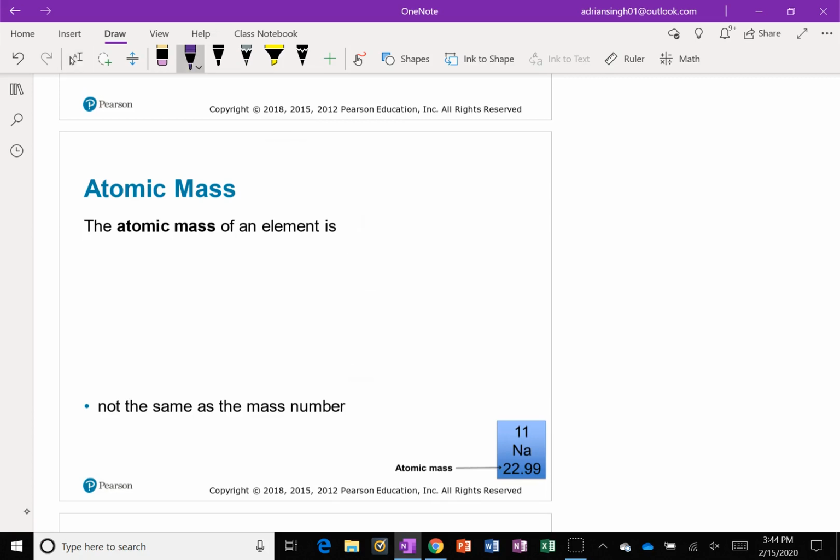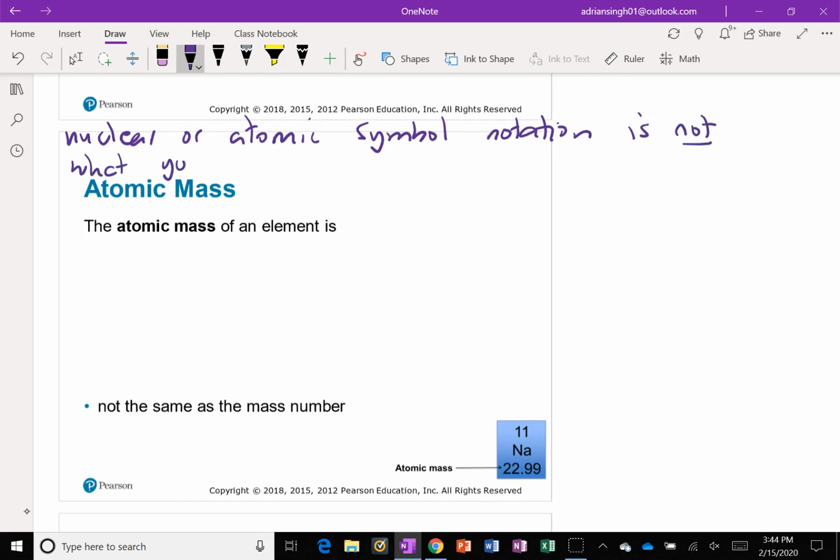One thing to keep in mind is that the nuclear or atomic symbol, that particular notation, is not what you see on the periodic table, right?